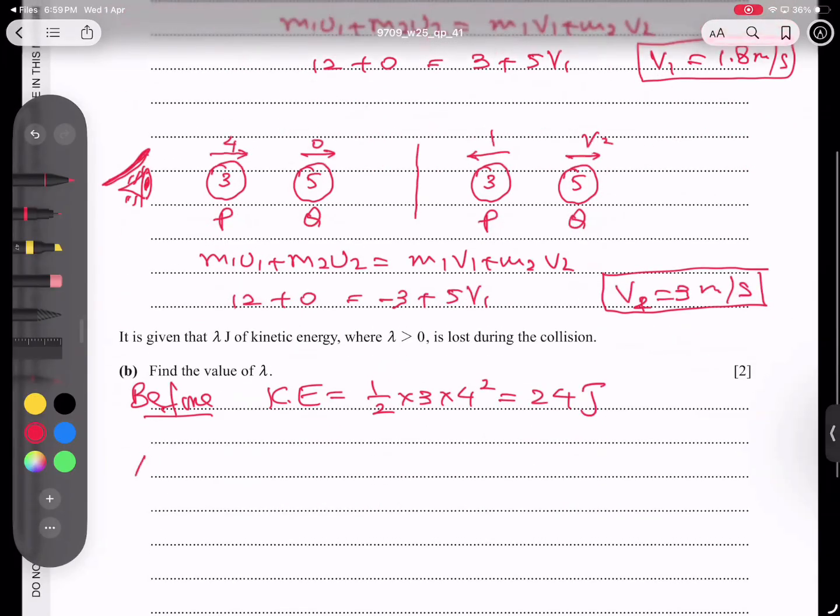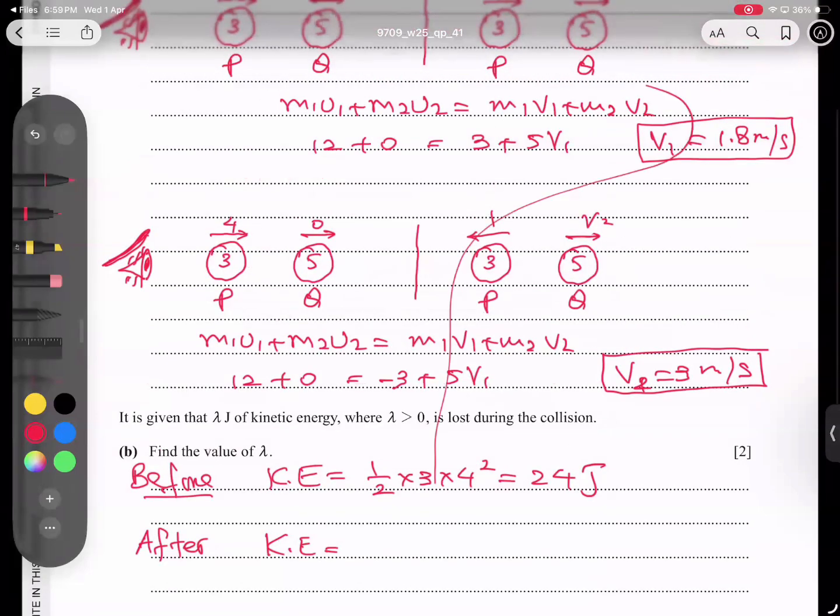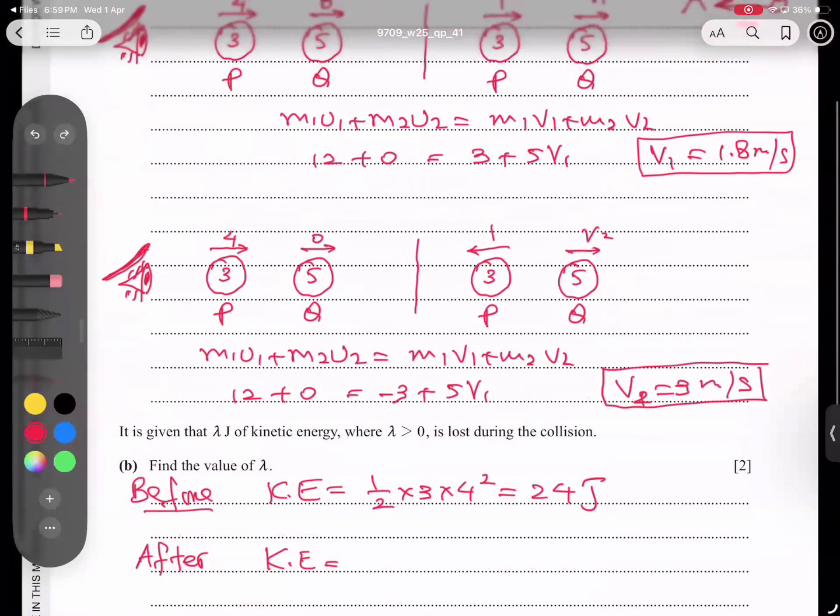Now the kinetic energy after collision. Let me calculate: half times mass 3 times speed 1 squared, plus half times 5 times 1.8 squared.